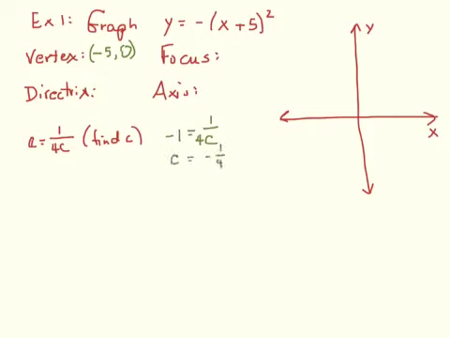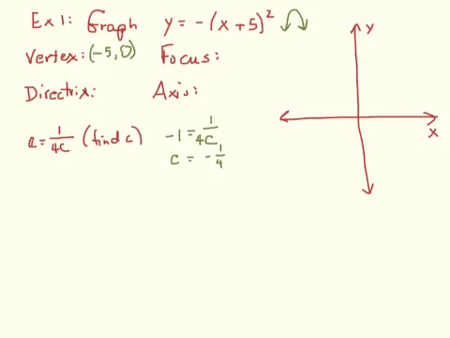And that's the distance that our focus is away from our vertex and the directrix is away from the vertex. Also, what I notice here is that our parabola is going to open down because it has a negative a, so it's going to look like that. So our focus, I'm going to graph my vertex first.